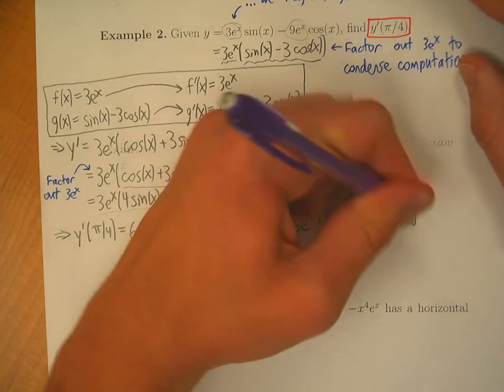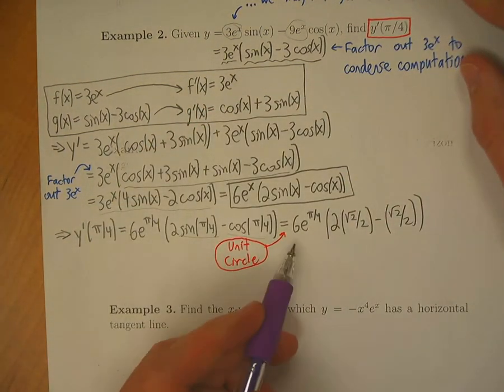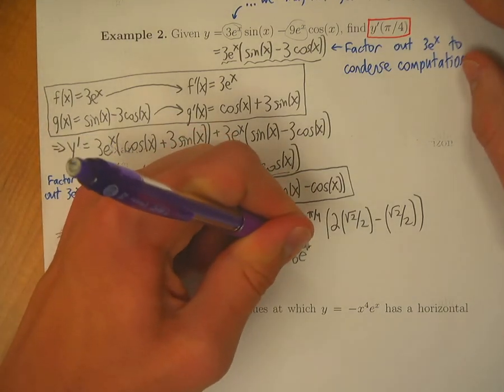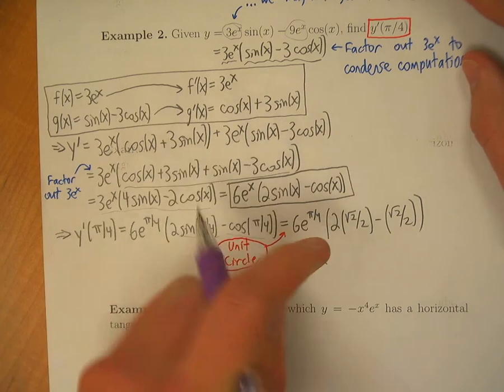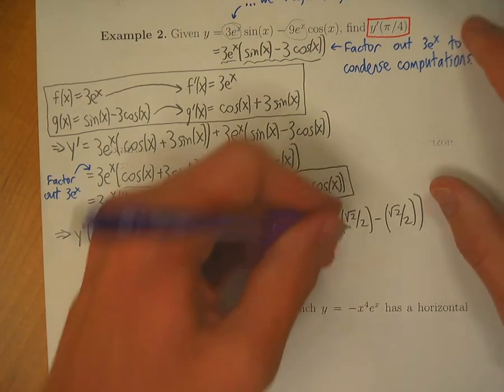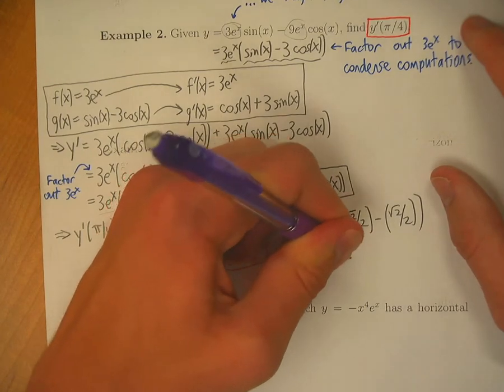Good. So in this case, we have 6 times e to the pi over 4. And then we have 2 times root 2 over 2 minus root 2 over 2. So we can just write that as root 2 over 2.